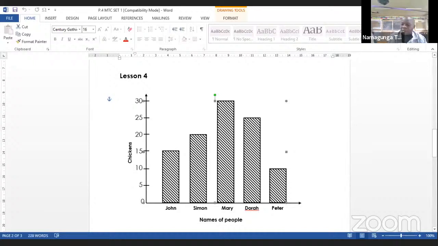Thanks very much. Next question goes to Anyango Trinity. Which percentage mark did most of the learners score? Most of the learners scored 60%.